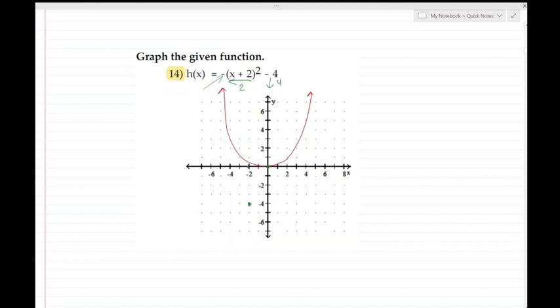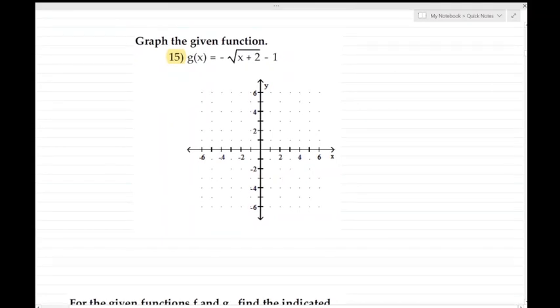So therefore it's somewhere over here and then being flipped downwards over the x-axis. So the green will be the graph of the function that we have there, negative (x plus 2) squared, and then all of that minus 4. Okay?